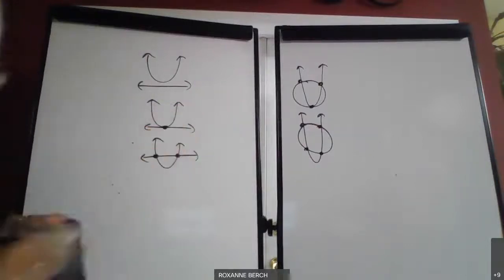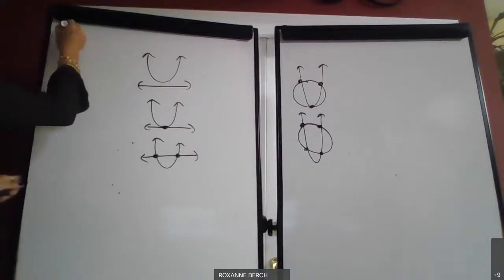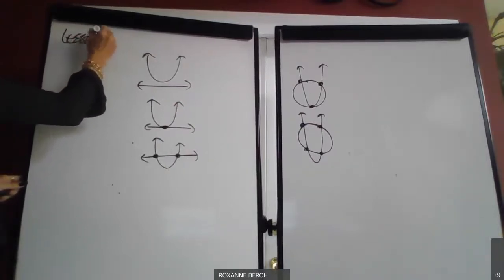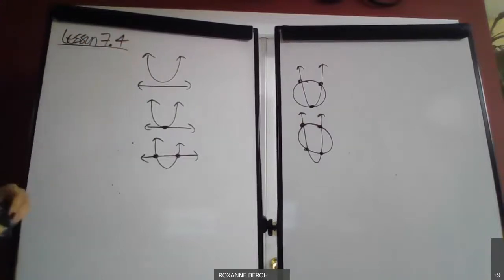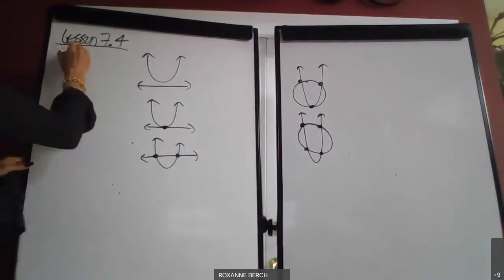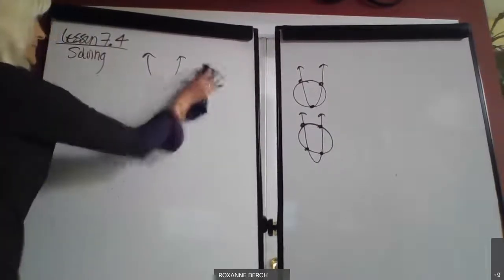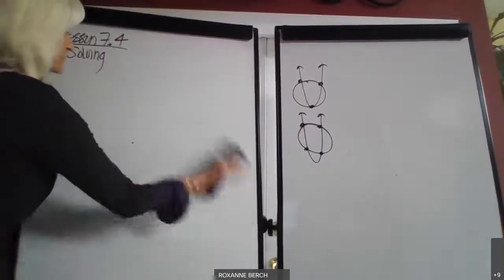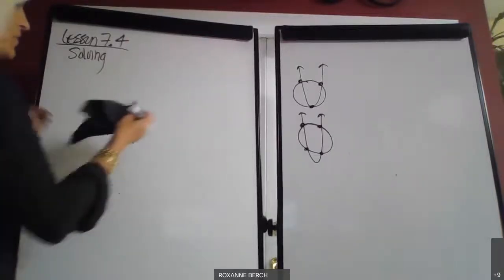So let's get started. This is lesson 7-4, solving nonlinear systems. Nonlinear means they're not both lines.